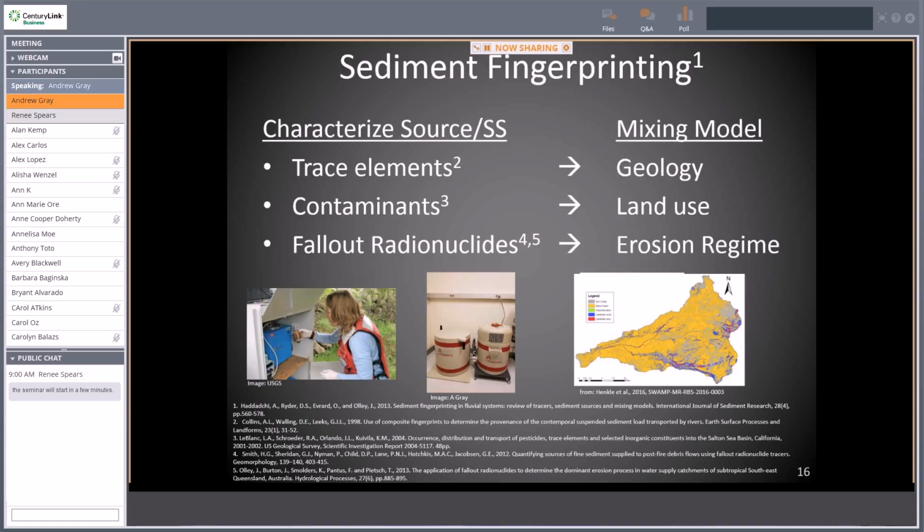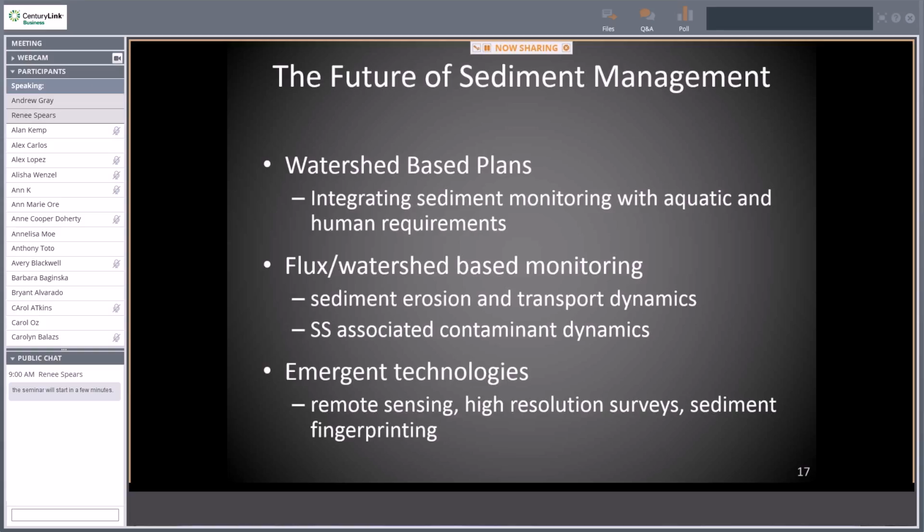So all of these approaches can then be applied to a mixing model if you collect your integrated suspended sediment samples, which will then allow you to figure some things out about where your sediments are coming from if you have enough difference in the composition of your source sediments. And so these are some of the techniques that my laboratory is also starting to employ. So in my opinion, the future of sediment management could be greatly aided by some of these techniques.